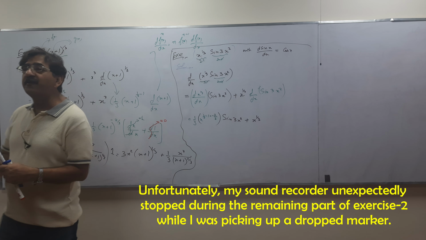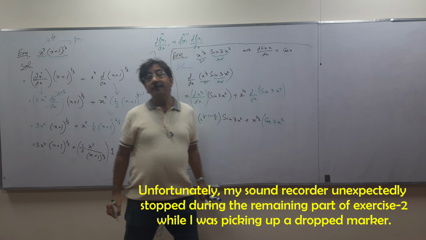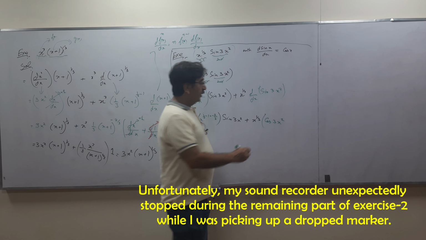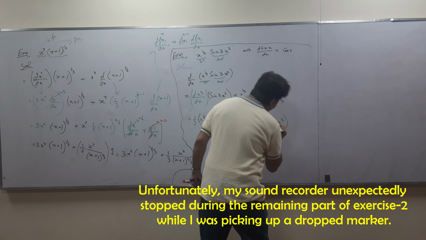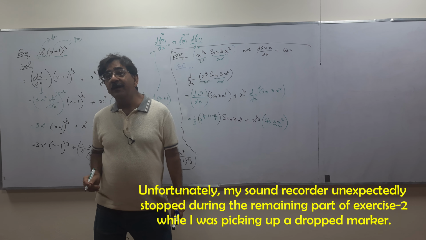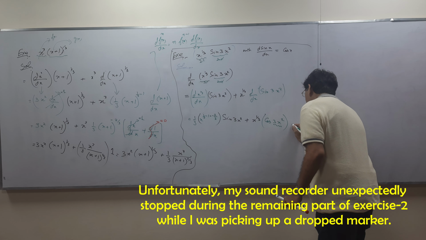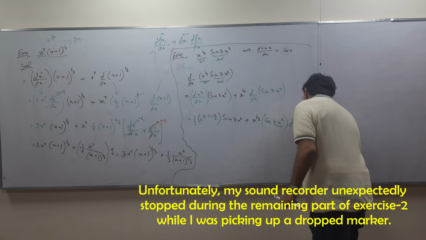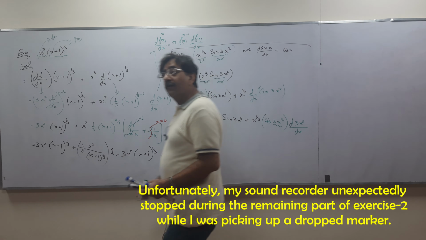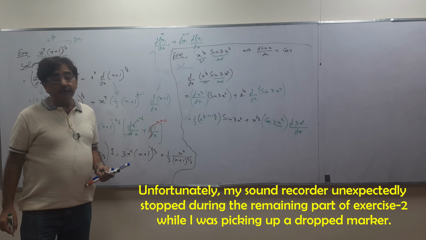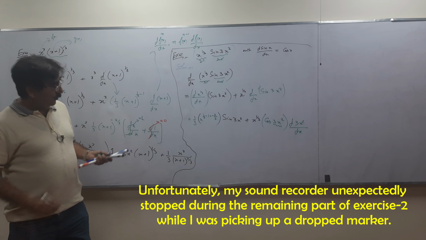The derivative of sine is, as I have already written, cos 3x square, multiplied by the derivative of this argument, the angle argument of the sine function, that is d of 3x square over dx. Okay? Yes? Okay.